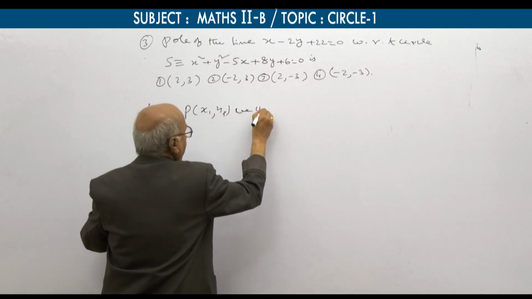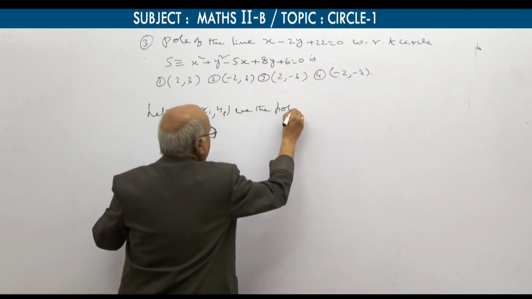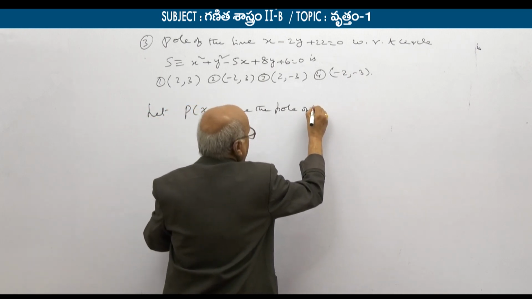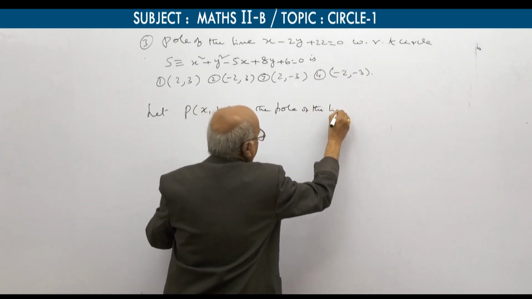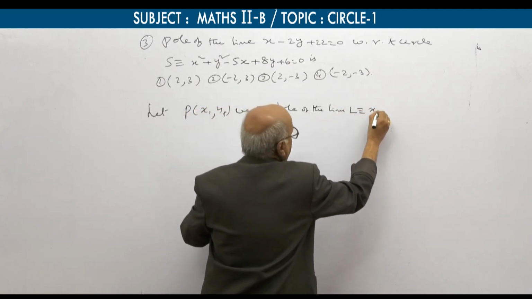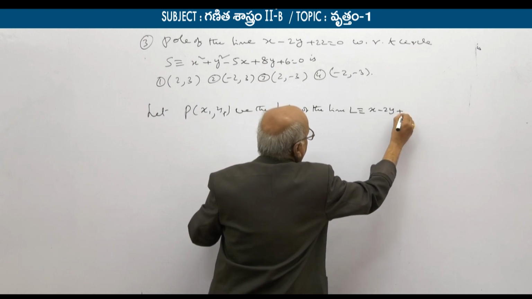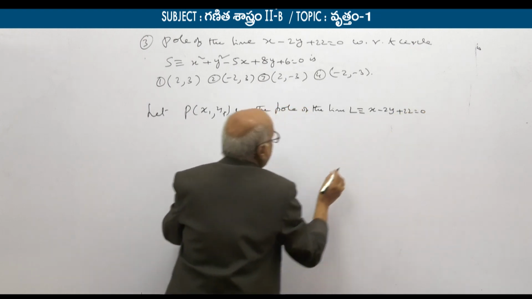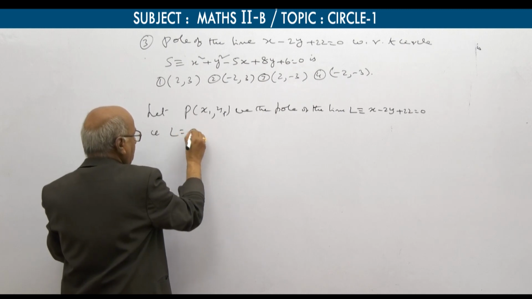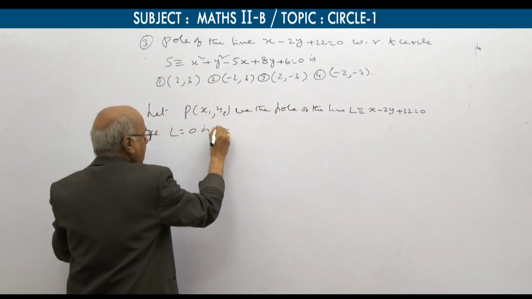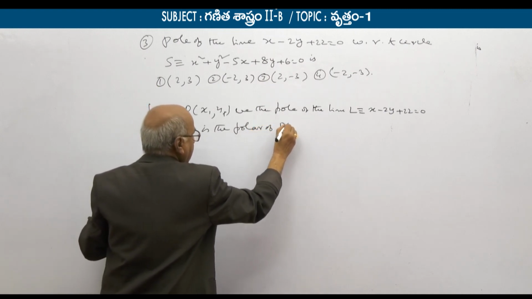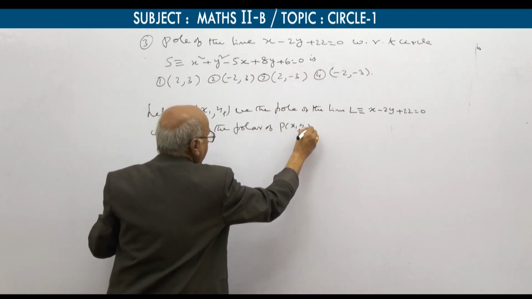be the pole of the line L is equal to x minus 2y plus 22 equal to 0. That is, L equal to 0 is the polar of P x1, y1.